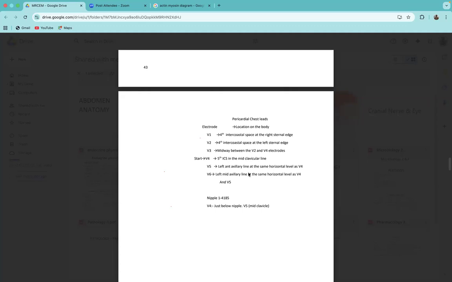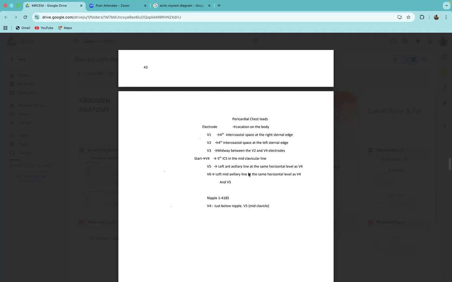So V1 was on the right sternal edge of the fourth intercostal space, then V2 on the left sternal edge of the fourth intercostal space, and V4 in the mid clavicular line in the fifth intercostal space, with V3 between V2 and V4.